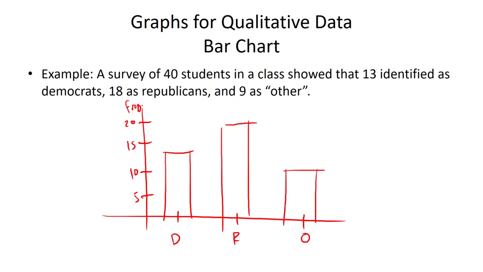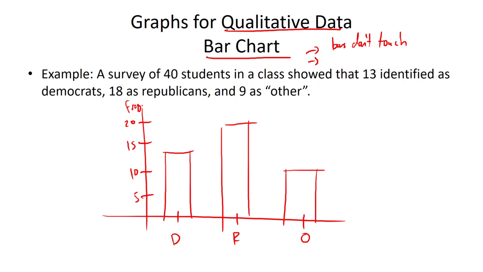Okay, so that's a bar chart. Notice it's qualitative data as a bar chart, and the bars don't touch, and that actually matters, because in qualitative data, does it matter which order you put your categories in? It really doesn't.